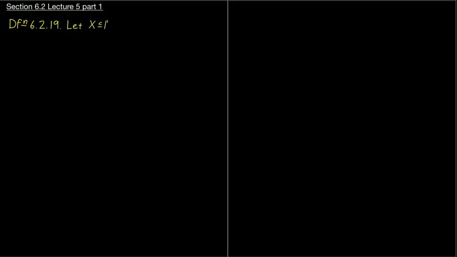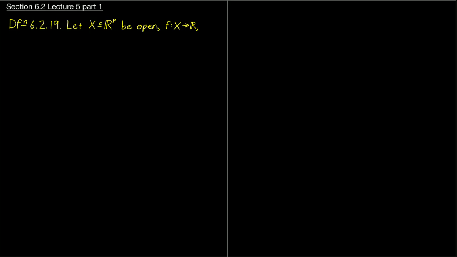So let's let X be an open subset of R^P. F is a function defined on X. It has to map into the real numbers because a function from X to R^P doesn't have biggest elements and smallest elements.